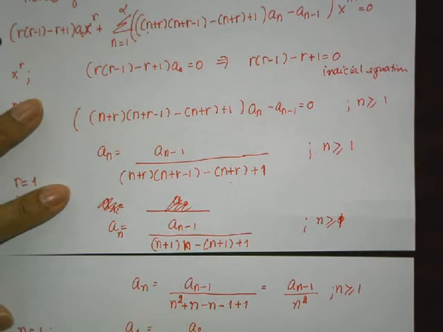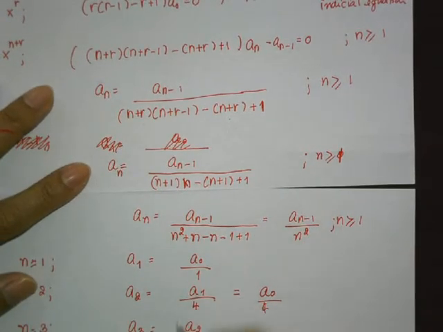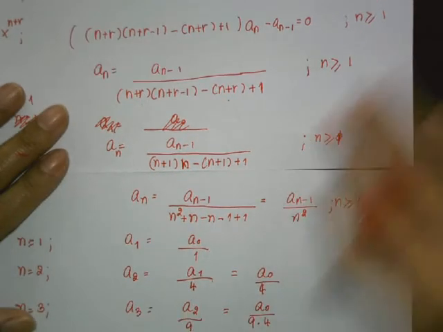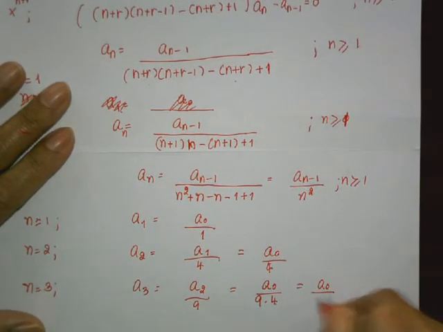N equal to 3, a3 is equal to a2 divided by 9, which is a0 divided by 9 times 4. Long, eh?